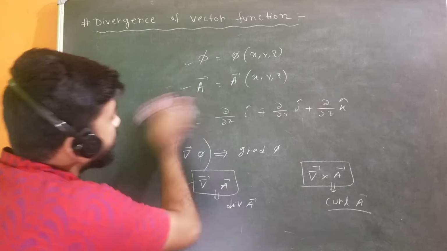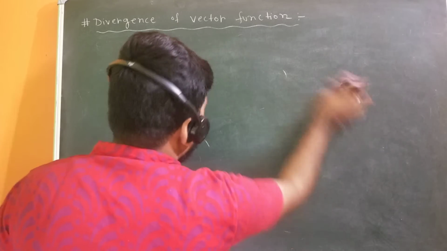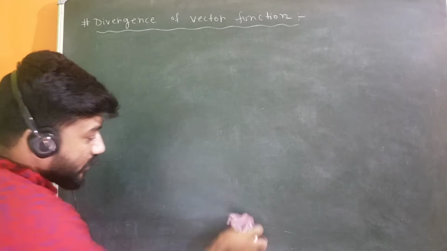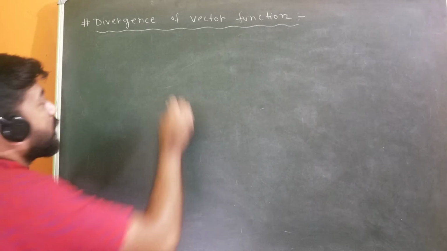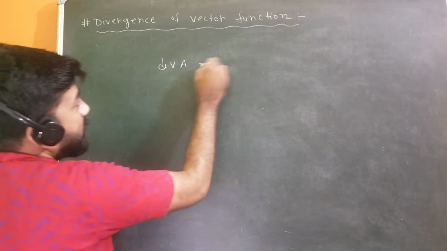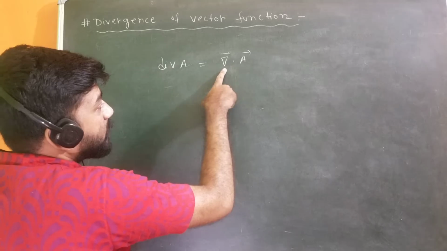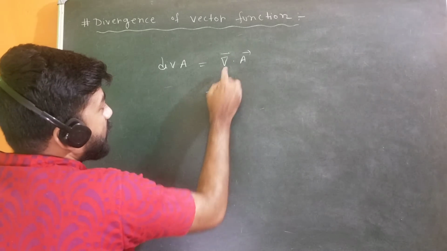So how can this be defined? The divergence of A, or div A, is nothing but the dot product of the operator del and the vector A. What is the operator del?